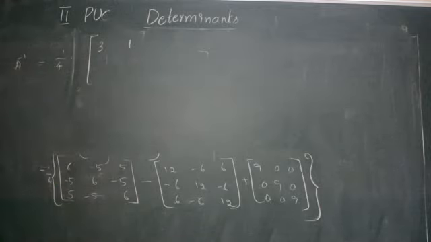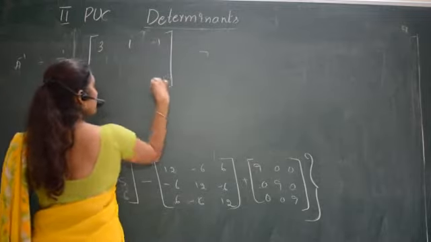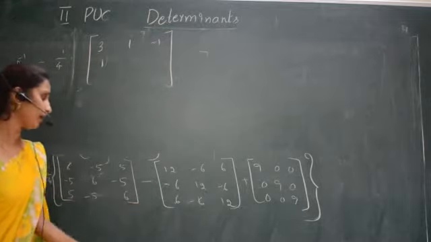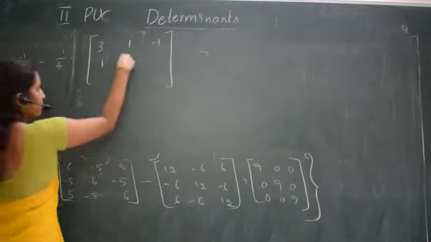Next, 5 minus 6 plus 0 is minus 1. Similarly, minus 5 plus 6 plus 0 is 1. Next, 6 minus 12 plus 9 is 3.